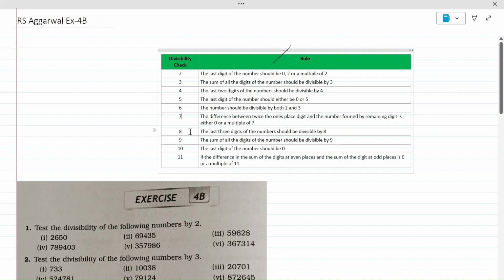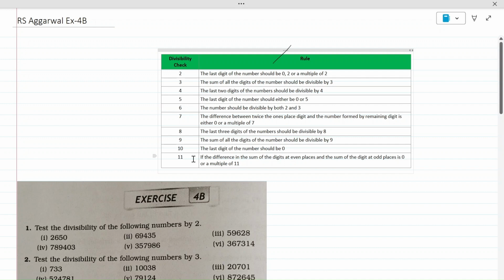Next we have number 8. For number 8, the last 3 digits of the number should be divisible by 8. Okay, and for 9, the sum of all the digits of the number should be divisible by 9. Coming to 10, it is very simple, the last digit of the number should always be 0.